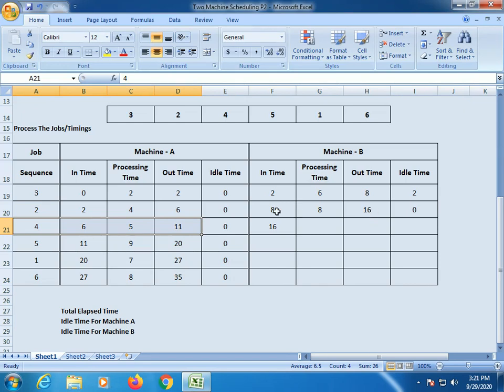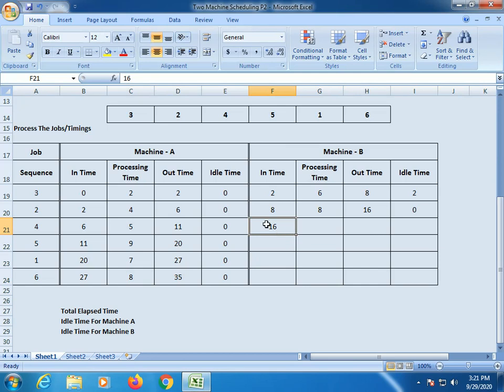The present job is ready at the 11th hour, but machine B is ready at the 16th hour. So we can perform the job at the 16th hour only, when the machine becomes free.